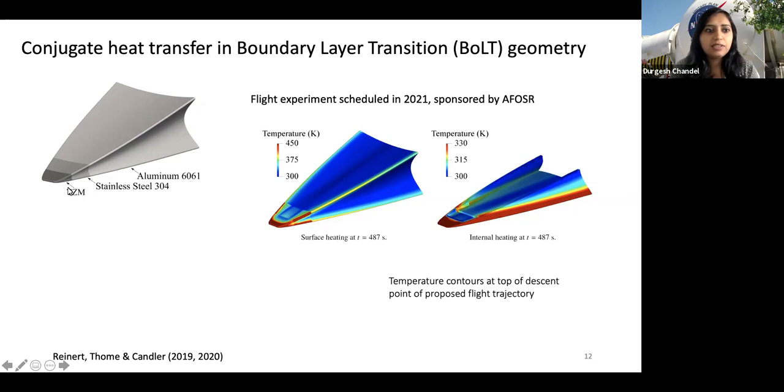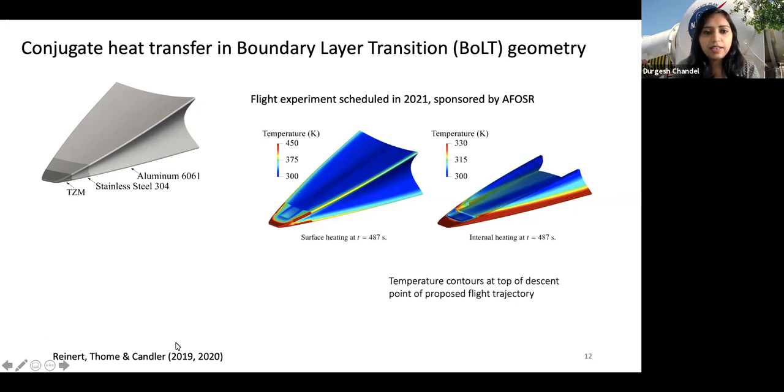It also has different materials. As you see, on the nose they have TZM, and then going back, we have stainless steel and aluminum. So the heat transfer between these different materials and the thermal response, the prediction of that, is of interest.